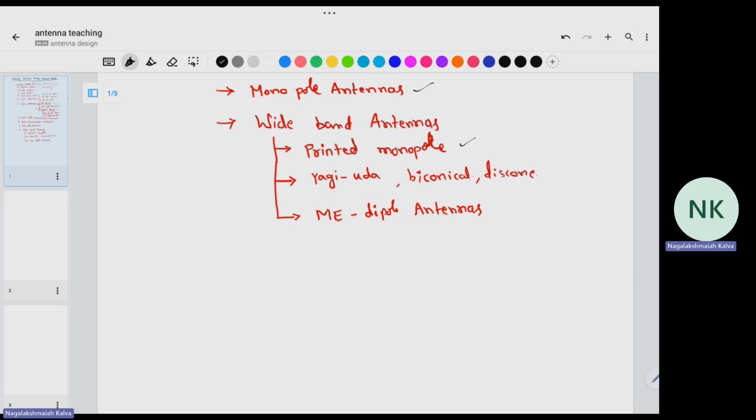This is like a metallic monopole, and we'll design printed monopole antennas. Then like Yagi Uda, biconical, discone. These antennas we'll discuss. Not every antenna has the same radiation pattern, same properties. So we'll discuss one by one in the later part.